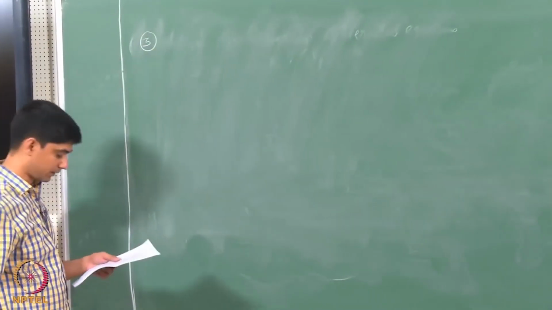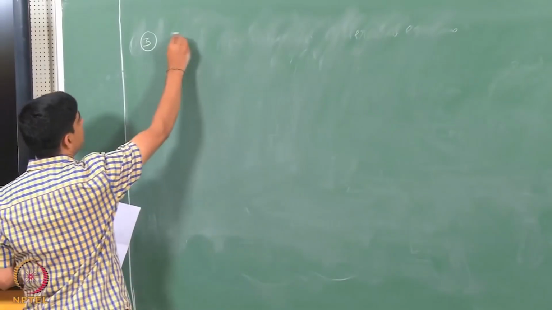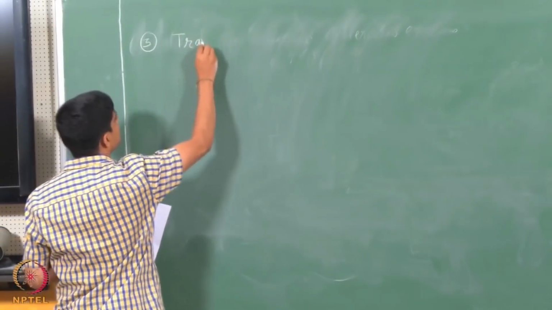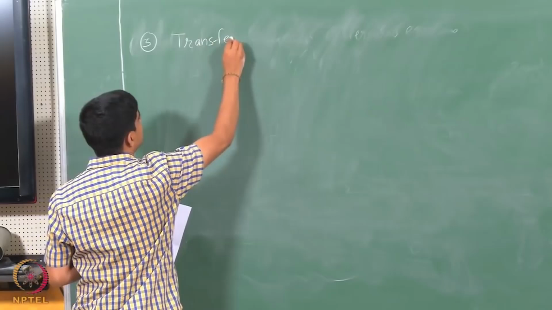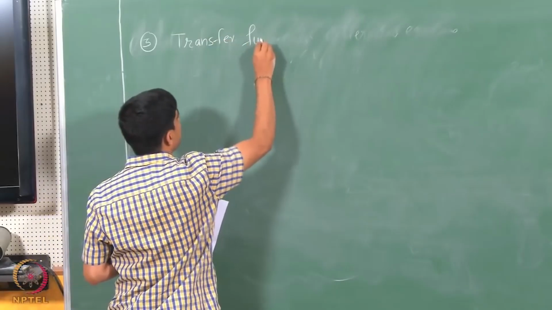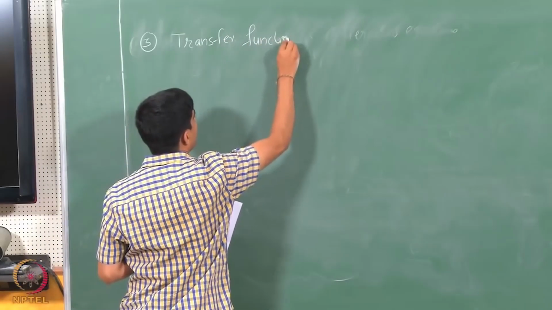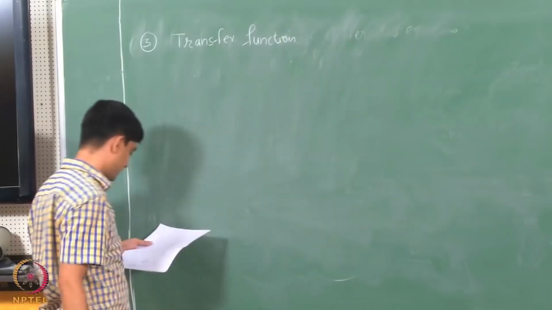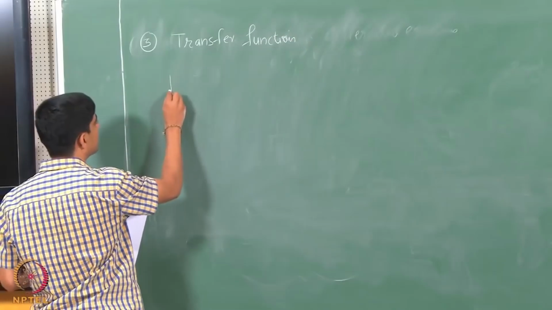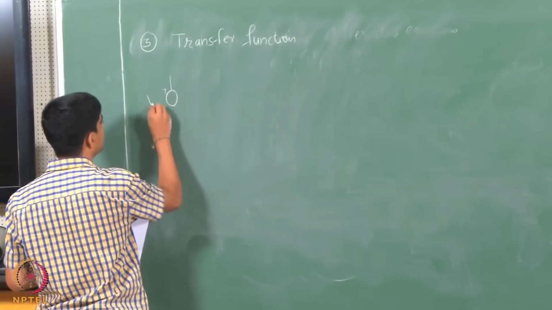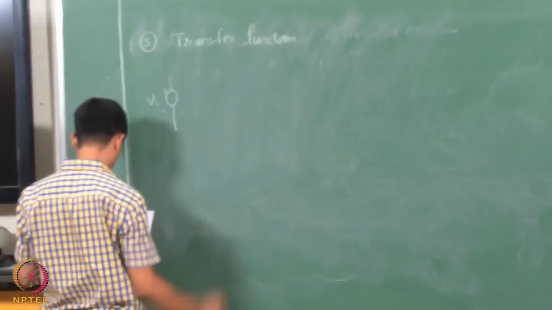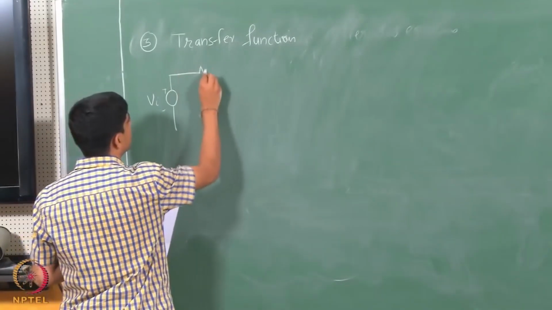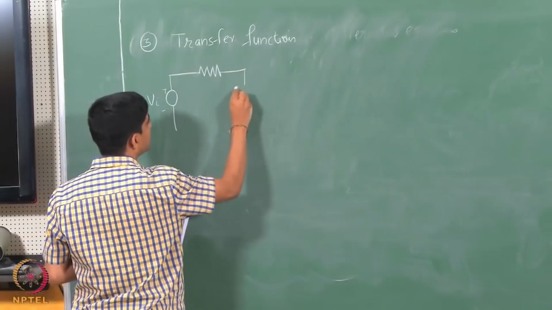we will look at deriving transfer functions from given simple circuit models. Okay. So, let us say I have a circuit with the input voltage Vi, R here.